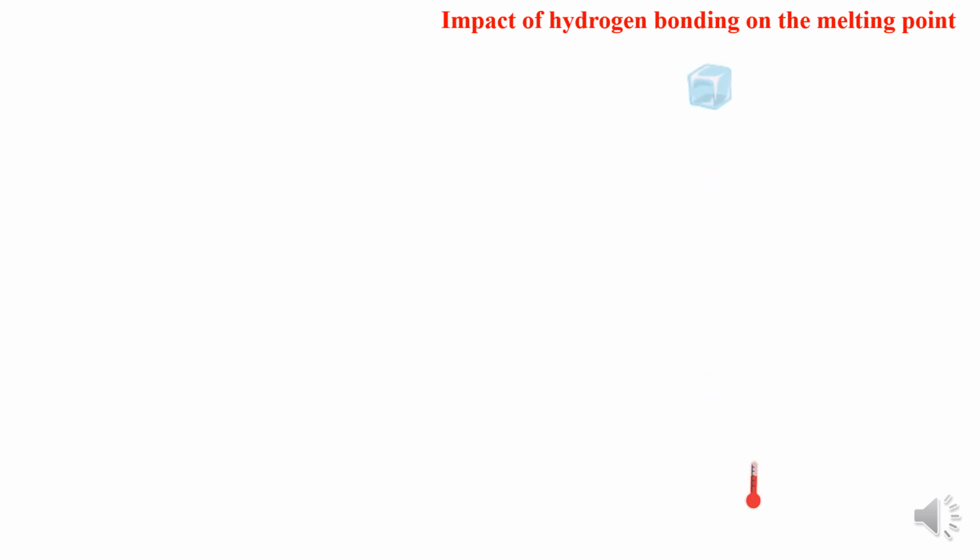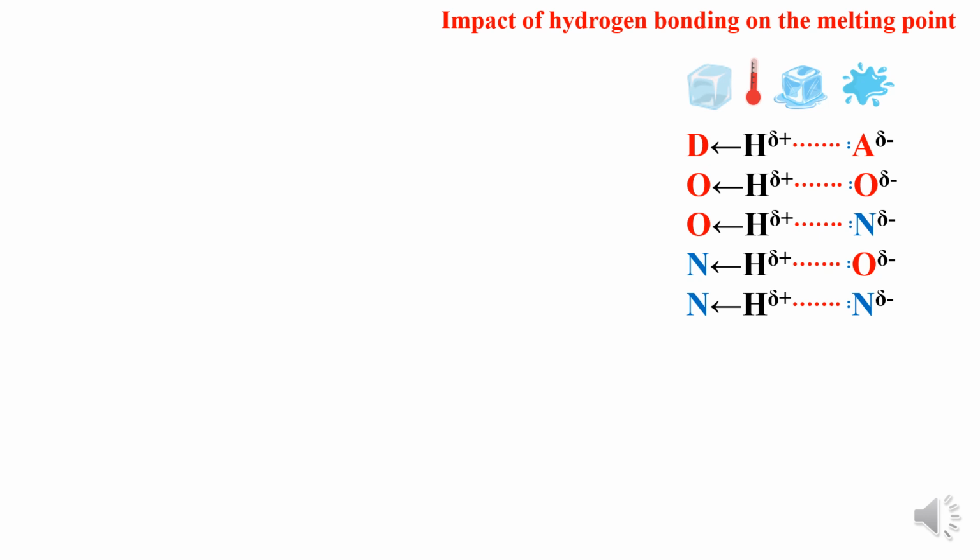Let me begin my session with the impact of hydrogen bonding on melting point. What is melting point? Melting point is the temperature at which a solid substance changes to a liquid at normal atmospheric pressure.